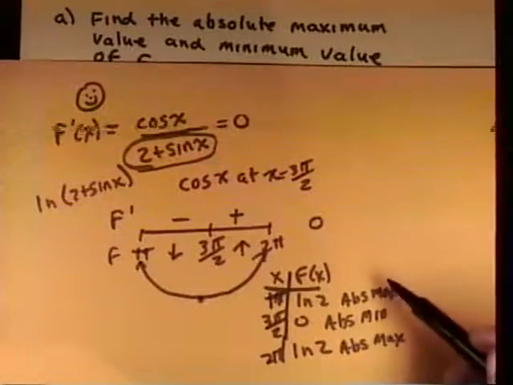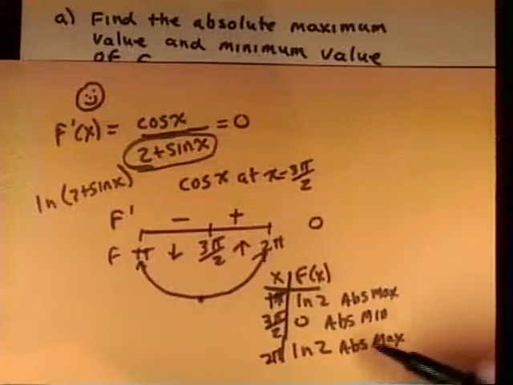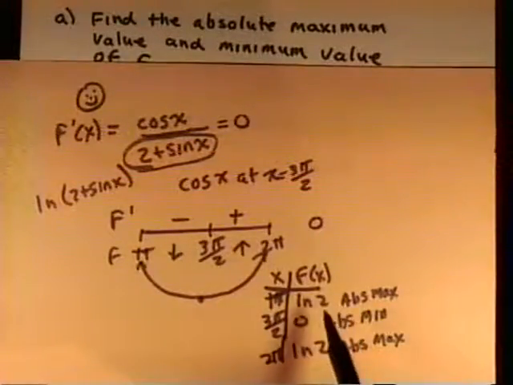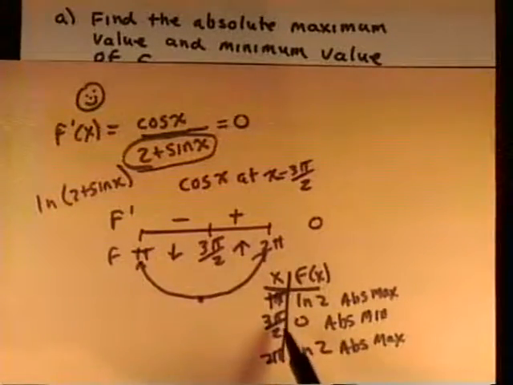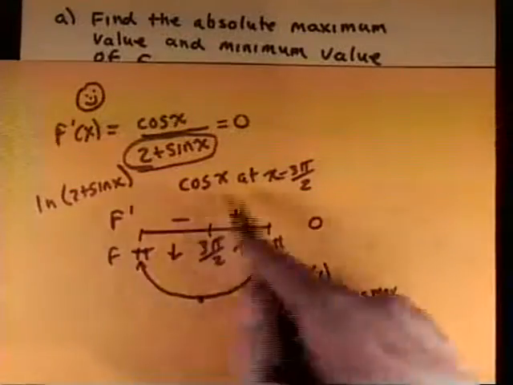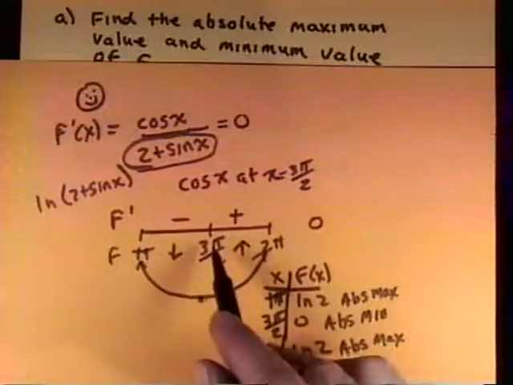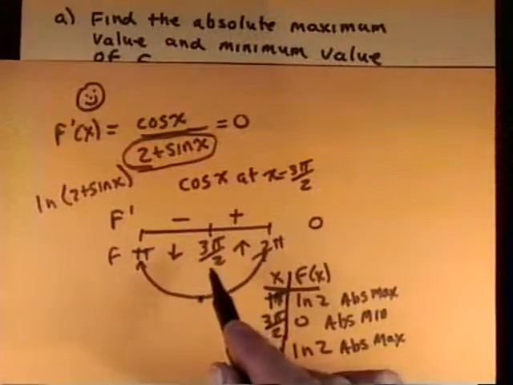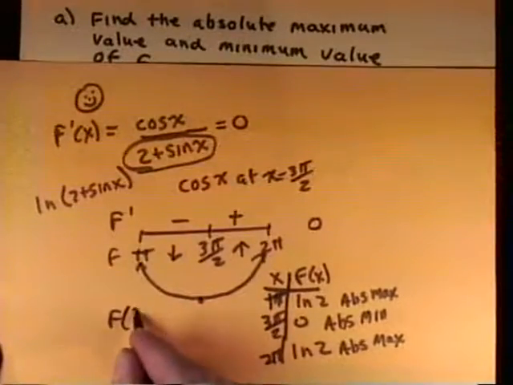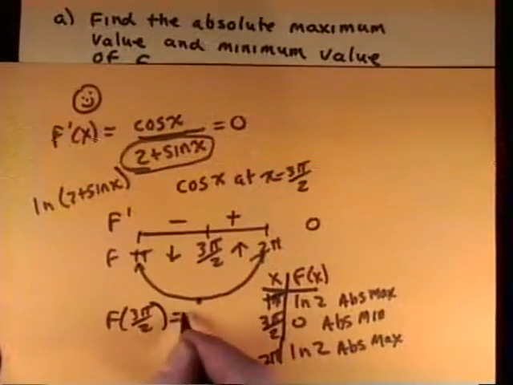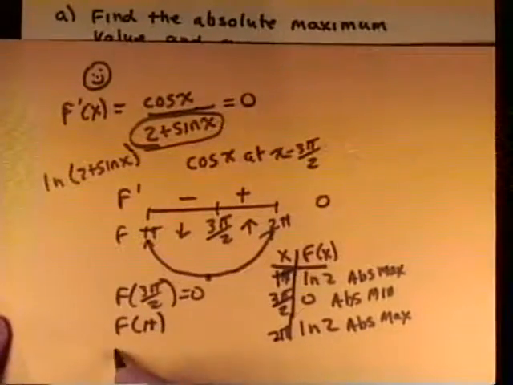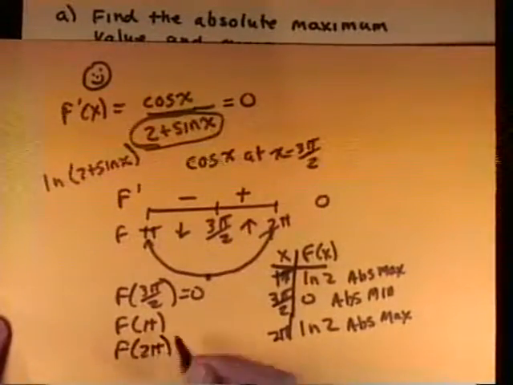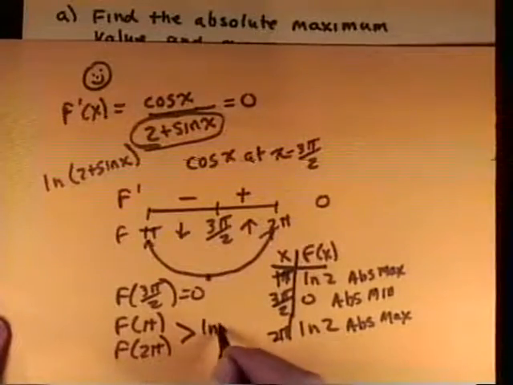Label your absolute max and absolute min: absolute max is natural log of 2, and it occurs at pi and 2 pi, and absolute min is 0 at 3 pi over 2. If you do the first derivative test, you could say that the absolute min is f of 3 pi over 2, which is equal to 0. And for your absolute max, you would have to test both of these and realize that they're both equal to natural log of 2.